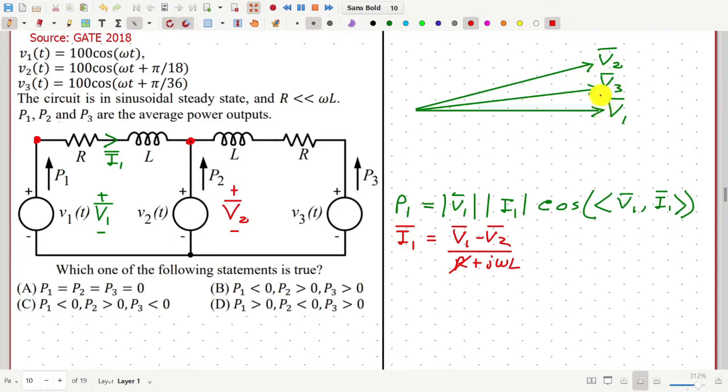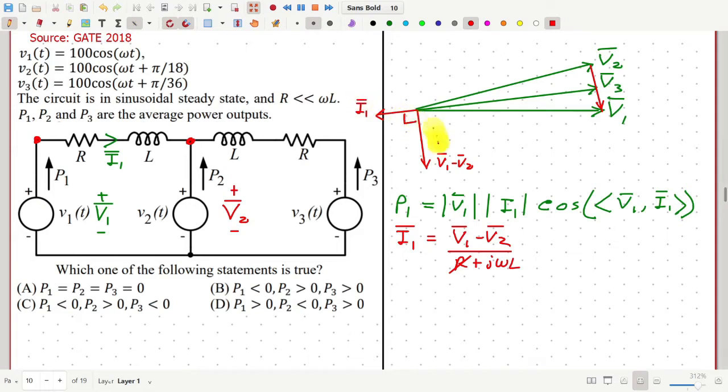Now V1 minus V2. So this vector is V1 minus V2 in this direction. And then we have to divide it by j omega L to get the current I1. While dividing by j omega L, this vector will turn 90 degree in the clockwise direction. So this will be the direction of I1.